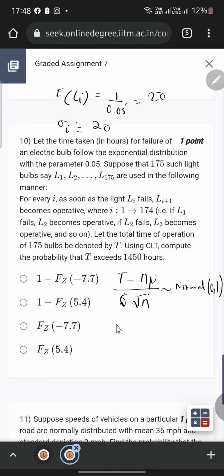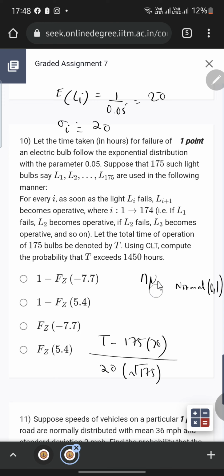Now from this, T minus 175 into 20 upon 20 root 175 will give us normal 0, 1. Simplifying this part, we will get (T minus 3500) upon 20 root 175.